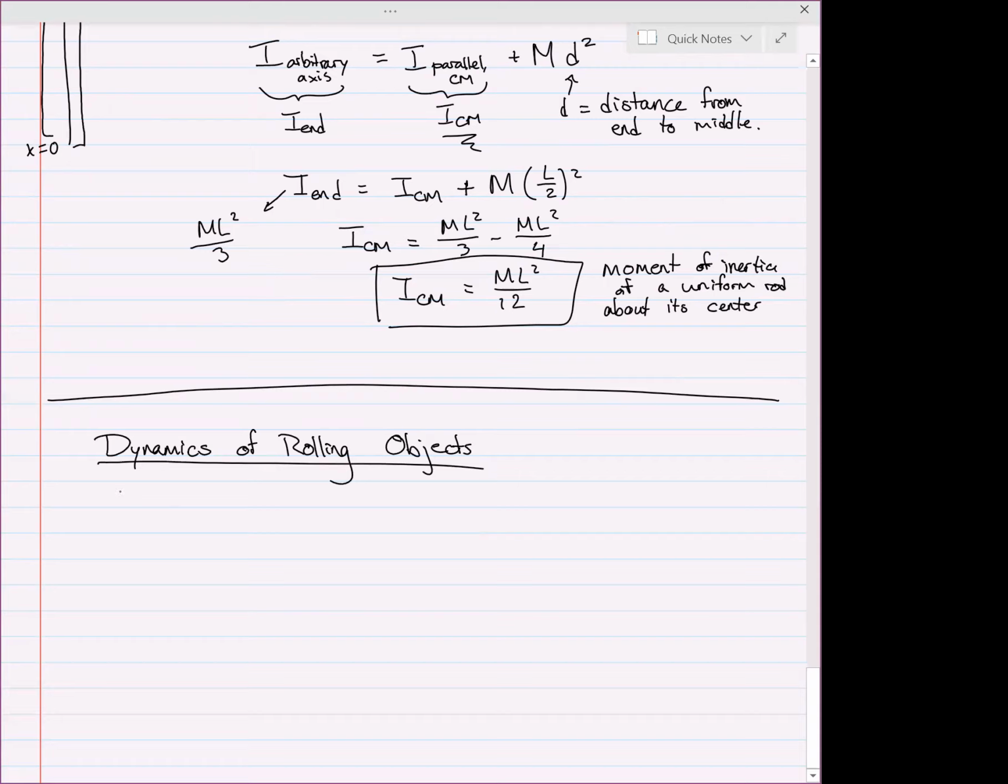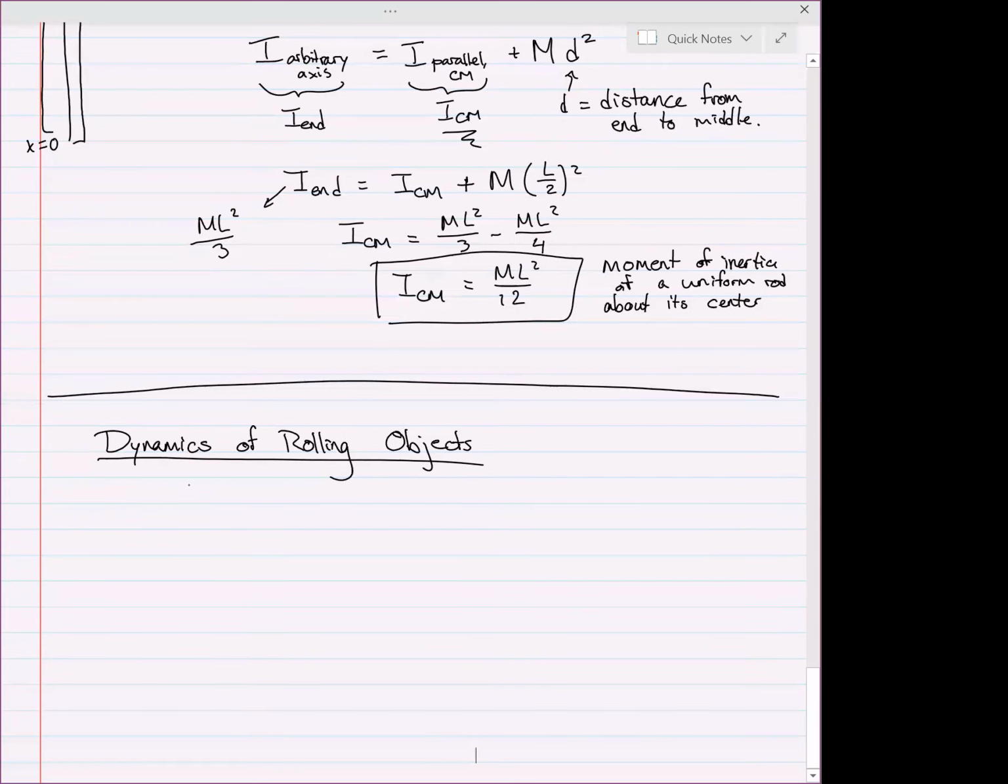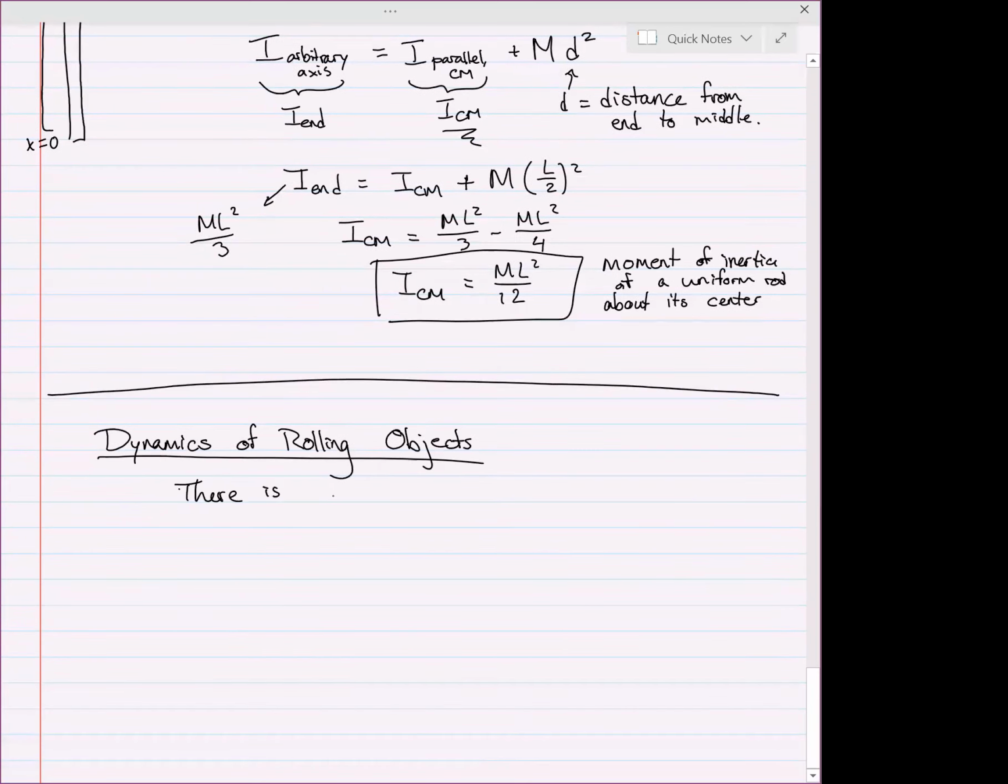So we already know that if you have an object on a merry-go-round or a Ferris wheel, there's a relationship between the rotational speed and the linear speed, how much distance they're covering over time. And so we know that there is some relationship between rotational and linear motion.